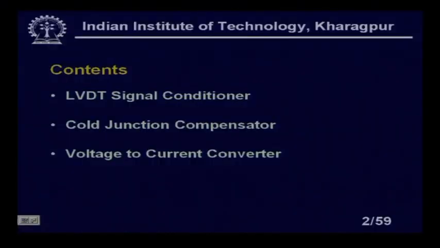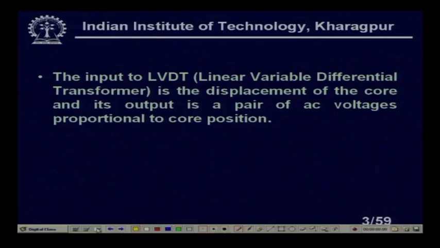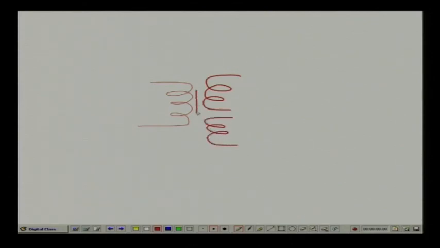Let us first look at the LVDT signal conditioner. You know what an LVDT looks like, so let us make a brief recapitulation. It will look like this. I have a primary, two secondaries, and a core inside, is it not?